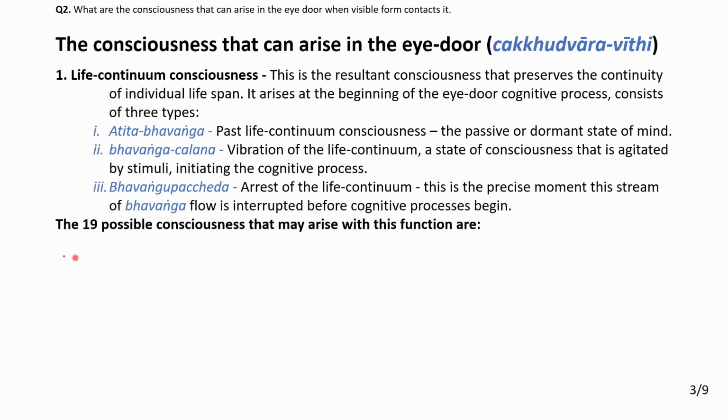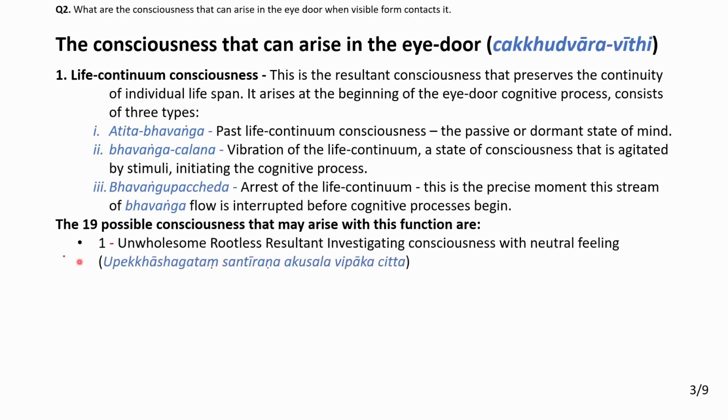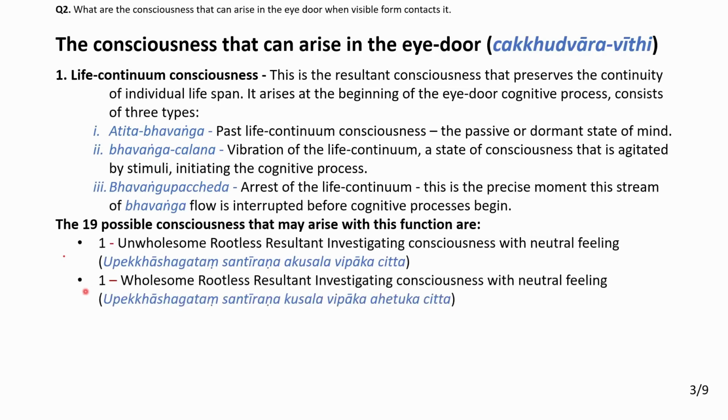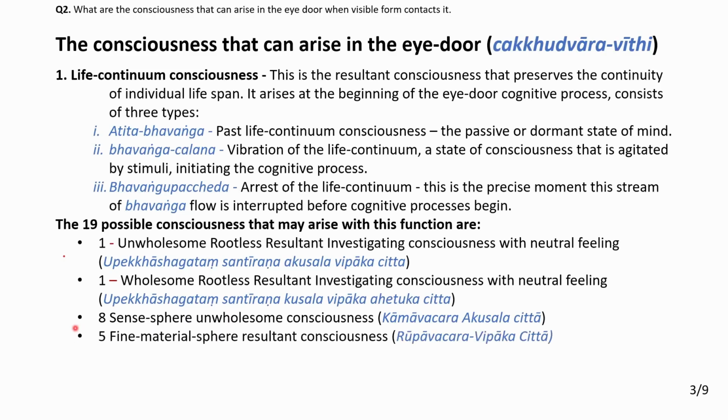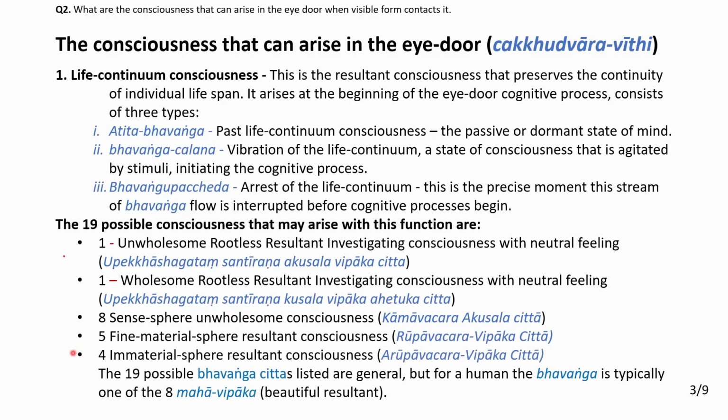So the 19 possible consciousness that may arise in these functions are: 1 unwholesome rootless resultant investigating consciousness with neutral feeling; and 1 wholesome rootless resultant investigating consciousness with neutral feeling; 8 sense sphere unwholesome consciousness, the Kamavacara Akusala Citta; 5 fine material sphere resultant consciousness, Rupavacara Vipaka Citta; and 4 immaterial sphere resultant consciousness.